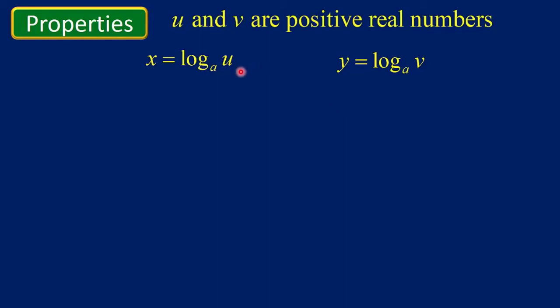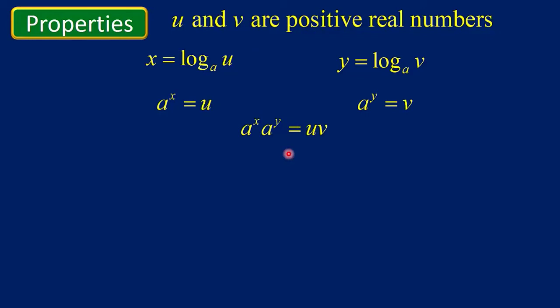Now I want to convert both of them to exponent form. In other words, a to the x equals u, and over here a to the y equals v. Now I'm going to multiply a to the x and a to the y together, and that's the same as multiplying u times v.